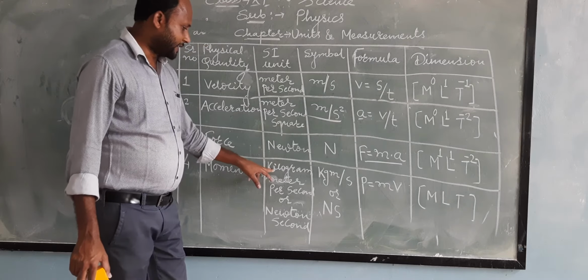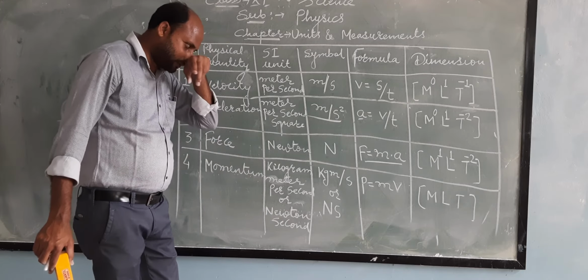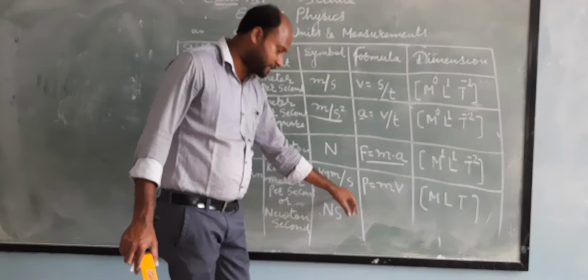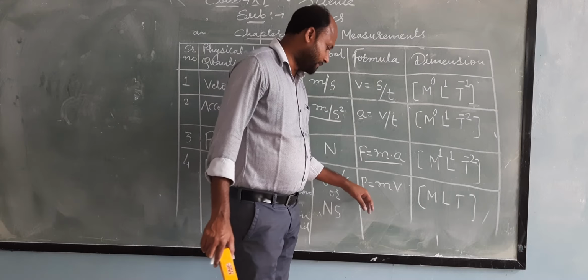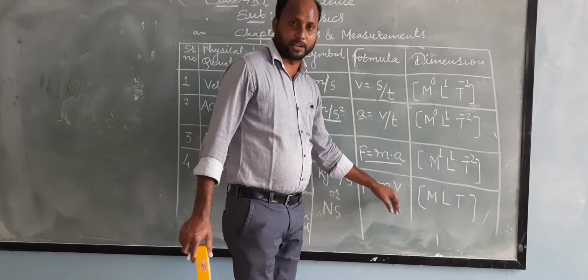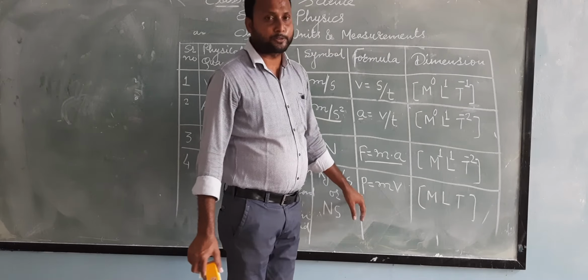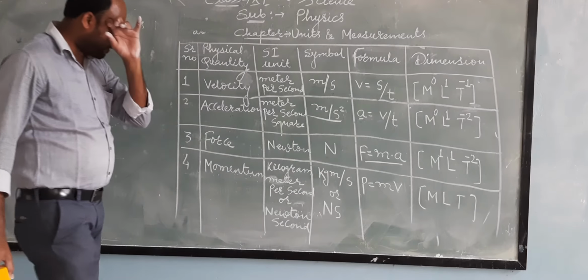Its symbolic form is written as kg meter per second or Newton second. The formula of momentum is P equals mv, where P stands for momentum, and we have to find out the dimension of momentum.